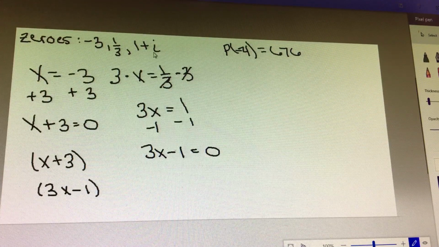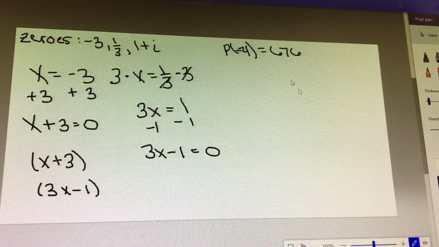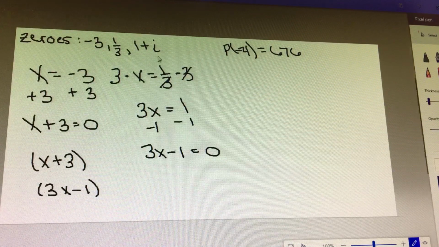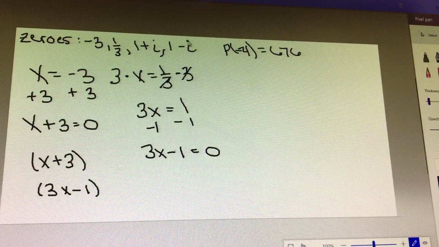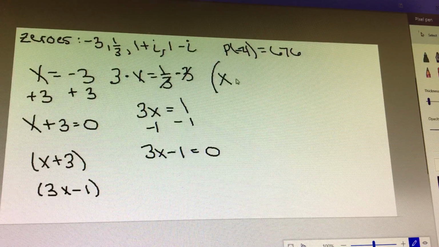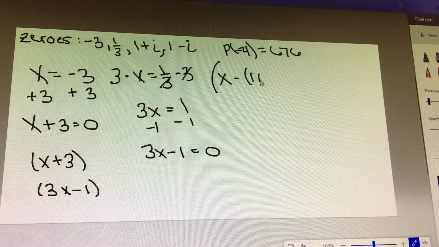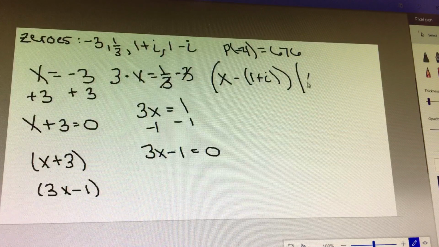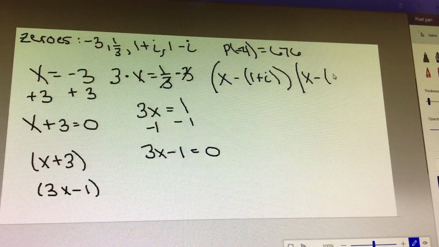Now here we have a 1 plus i, and this is a complex number. Complex numbers always come in pairs. So we have a 1 plus i, and we also have a 1 minus i. Putting that in factored form, I have a pair: x minus (1 plus i), and x minus (1 minus i).